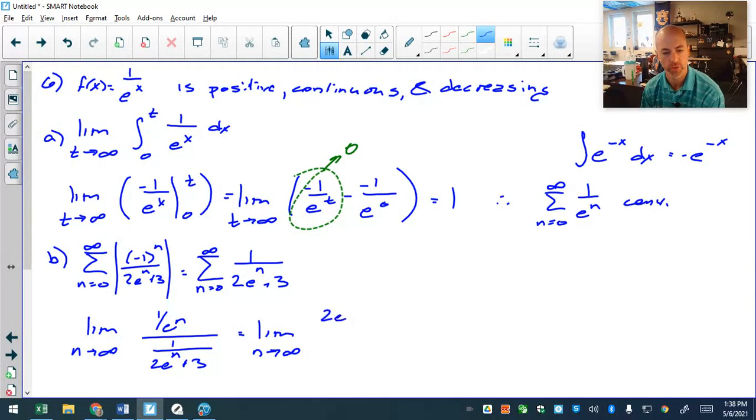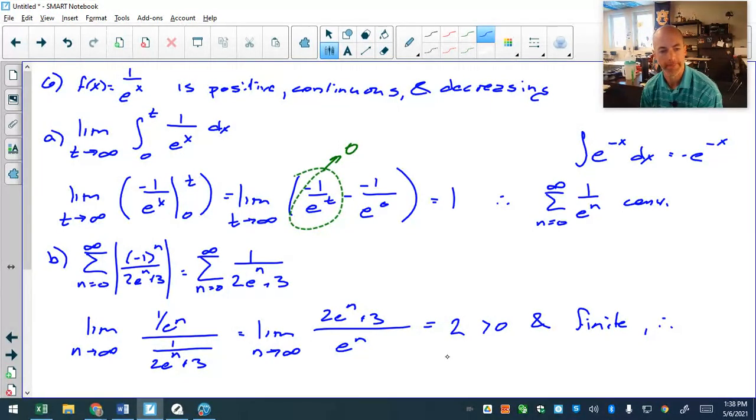So that's 2e to the n plus 3 over e to the n, and that will give you a limit of 2 that is greater than 0 and finite. Therefore, my series negative 1 to the n over 2e to the n plus 3 converges absolutely.